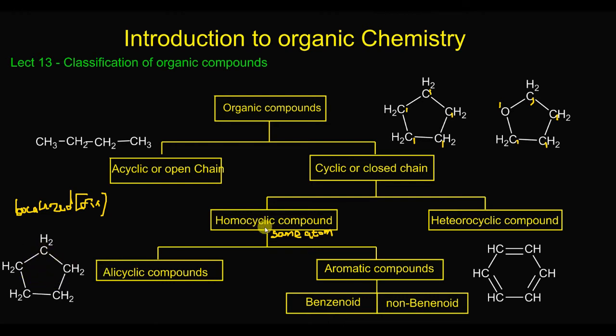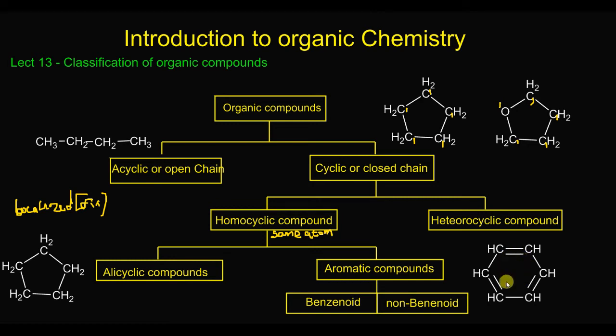Now let's go to what we call the aromatic ones. Let's talk of the aromatic ones. When we say aromatic compounds, this time around we are also talking about closed ring carbon atoms.